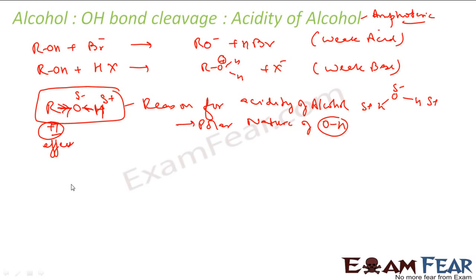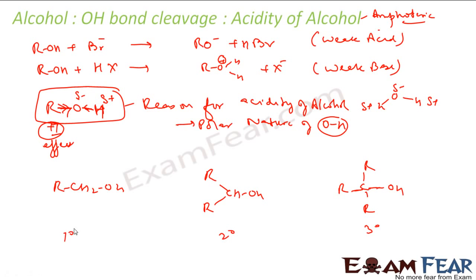So if I compare, let's suppose, these compounds now, RCH2OH, R2CHOH, and let's suppose I have 3 R here, R3COH. So if you see here, this is 3 degree, this is 2 degree, and this is 1 degree.